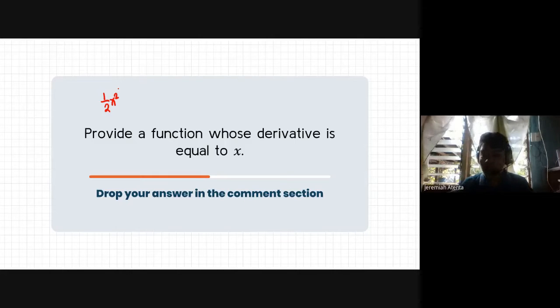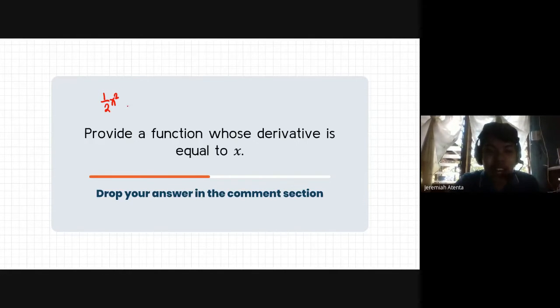So 1/2 x squared. If you try to differentiate 1/2 x squared, is the derivative equal to x? So you check. Okay? Sige, try nyong i-check. Next, provide another function with derivative equal to x aside from 1/2 x squared. Sino ang makapagbibigay?